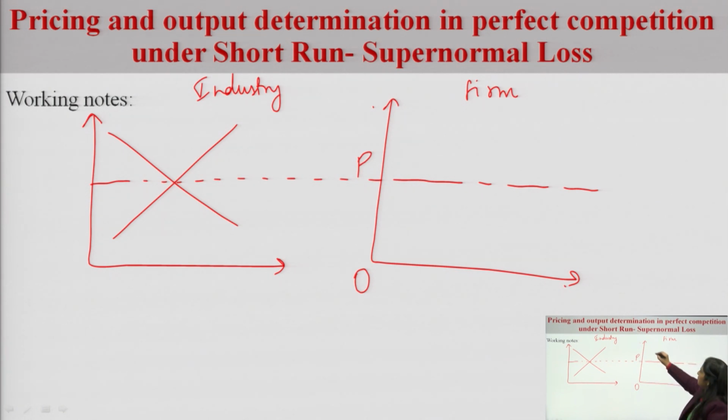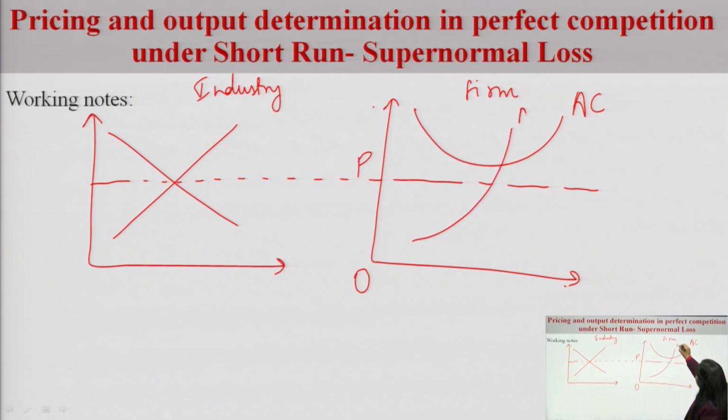So, what will be the optimum output? It depends on his average cost. Now, suppose his average cost is higher, and this is his marginal cost. So, where will the optimum output be determined? The point where MR and MC intersect will give us the optimum output, this ordinate from E.